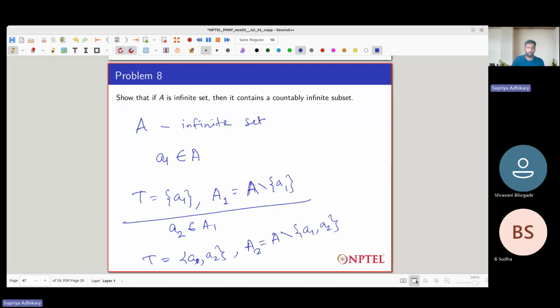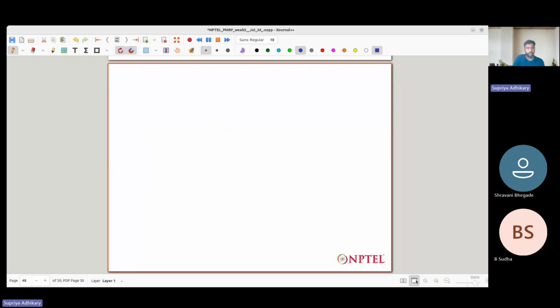So we keep on doing this up to the nth step. At the nth step, we select an from A(n-1), update T as a1, a2, up to an, and take An to be A minus a1, a2, up to an.